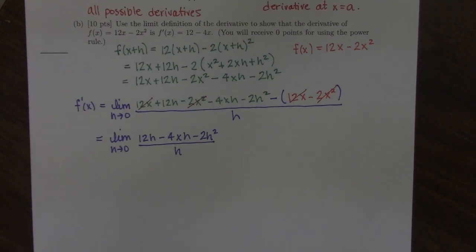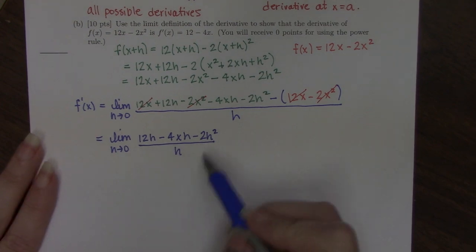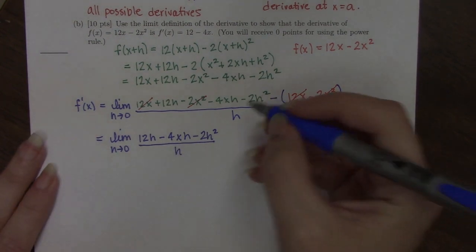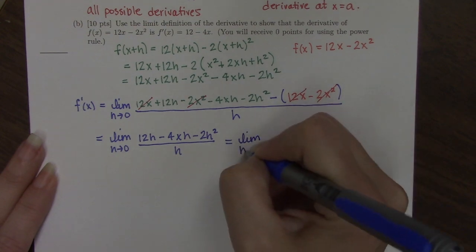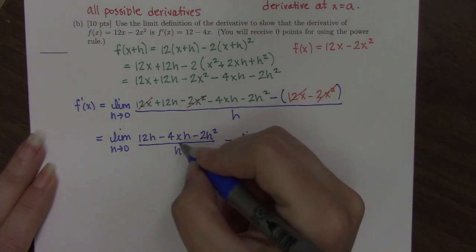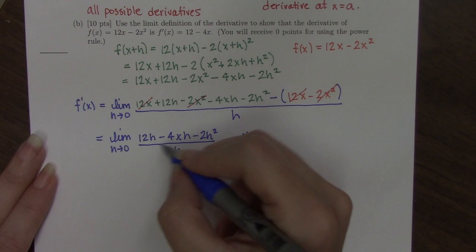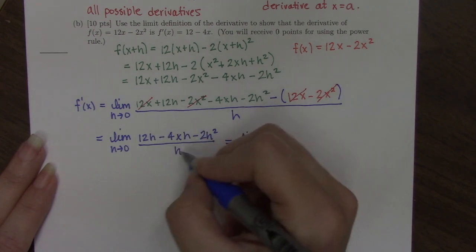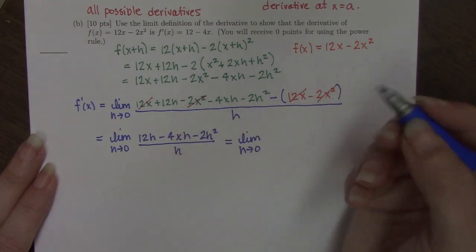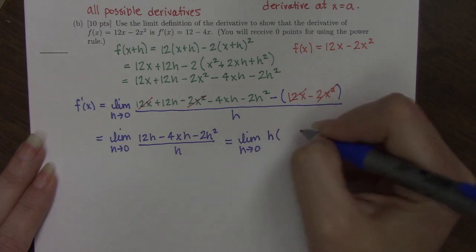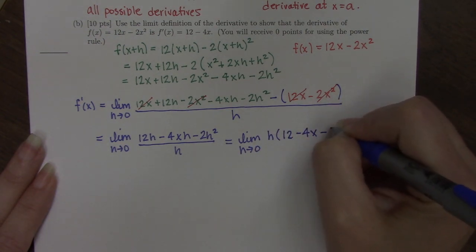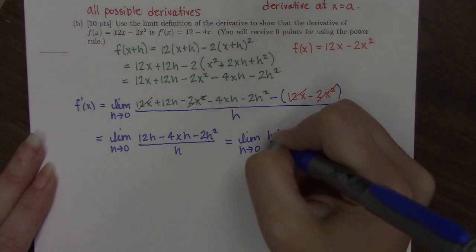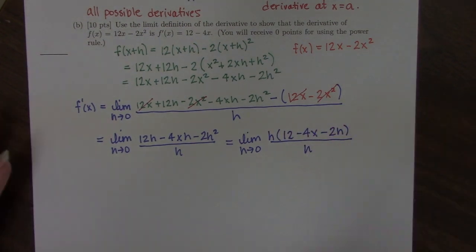Another common mistake is people get a little overzealous when they're canceling the h's here. So I really do recommend, as a check for yourself, that if you try to cancel anything out of the numerator and the denominator, especially on these limit definition problems, factor the h out front. It's just better. So we get h times 12 minus 4x minus 2h, all over h.